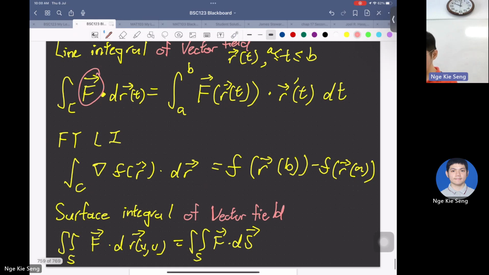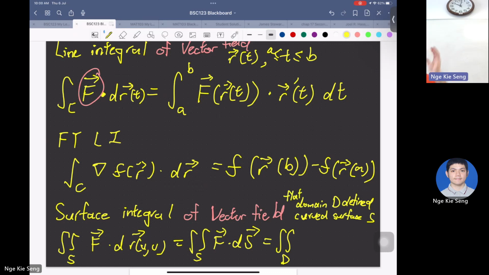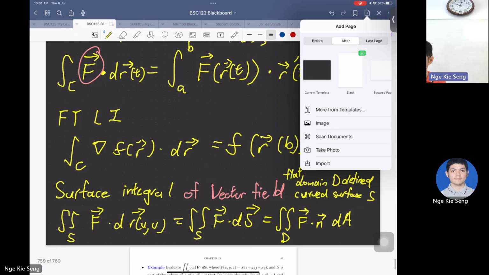Just now we already discussed that this is integrating over the domain D that defines my curved surface X. We imagine that our X is always curved in 3D, so the flat domain D defines the curved surface X. And then I need to take my vector field dot with the normal vector, dA. What is the normal vector here?